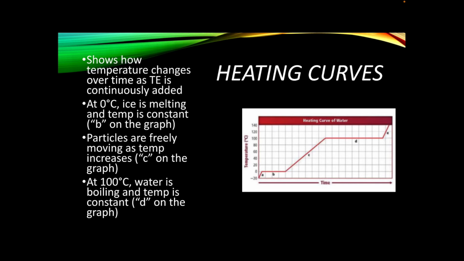If you look at A and B, you can see that there's no change occurring at 0 Celsius because this is when it's at an ice stage. This is when the ice is melting, so there's going to be a constant line. When the line starts to go up at C, this is when the particles are in motion, and then at 100 degrees Celsius, this is when the water is boiling and the temperature is actually constant.